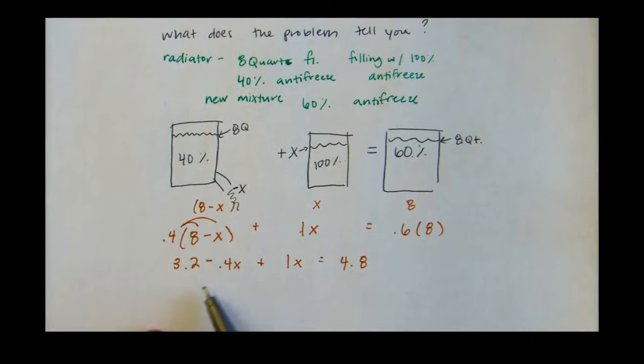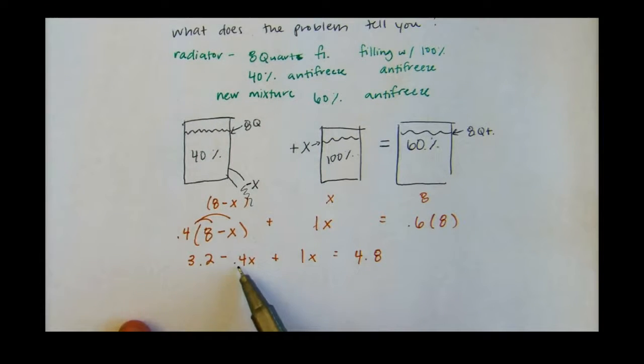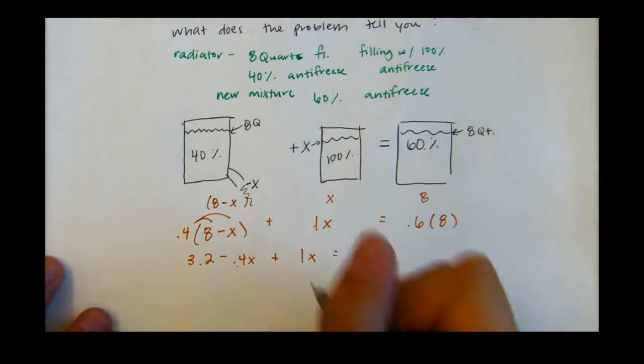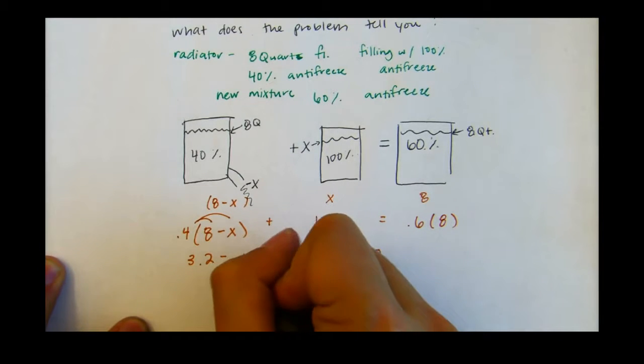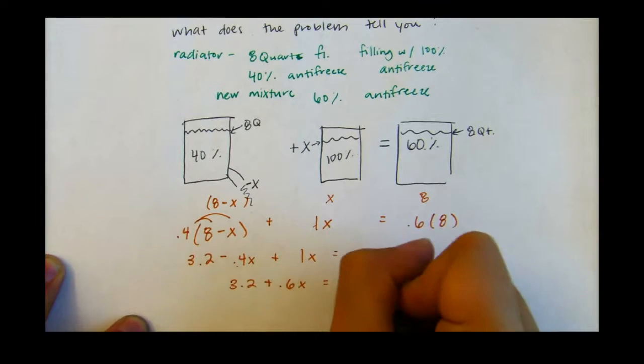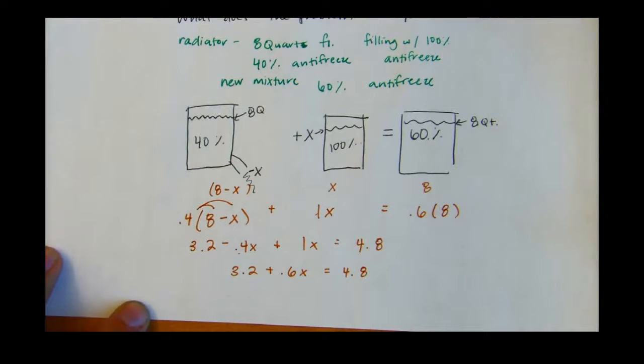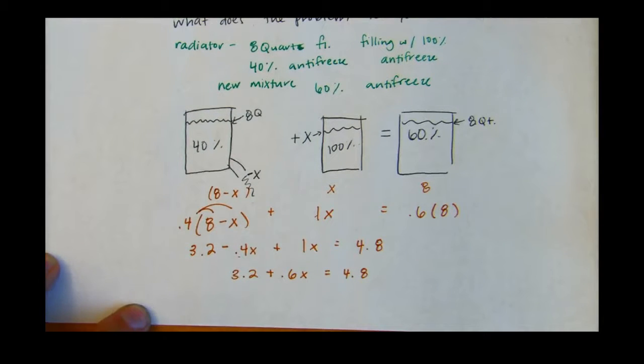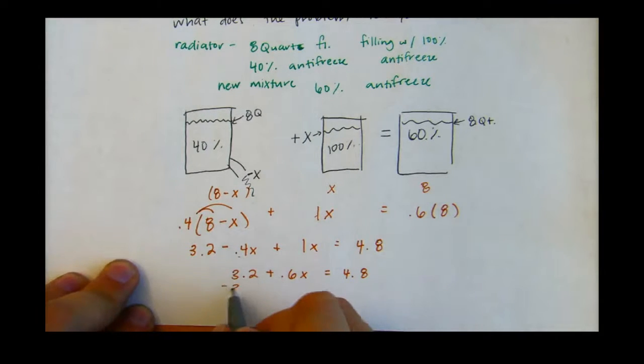So then I'm going to just combine like terms. Negative 0.4x plus 1x, that's going to give me 3.2 plus 0.6x equals 4.8. Then I'm just solving for x. So I'll subtract 3.2 from both sides.